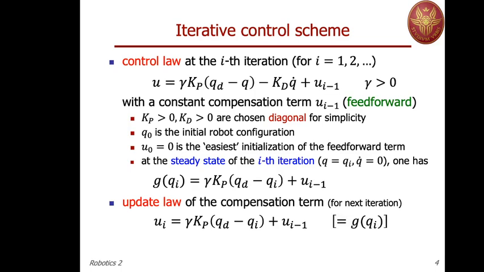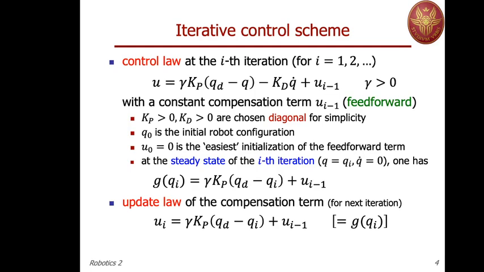This will become the feed-forward term in the next iteration. Now, because of the previous equation, the update is made by a torque term which is equivalent to the gravity at the previous reached steady state. We don't know a priori what this gravity is, but we know its numerical value because it's exactly the control effort that we are applying in the known reached configuration Qi.